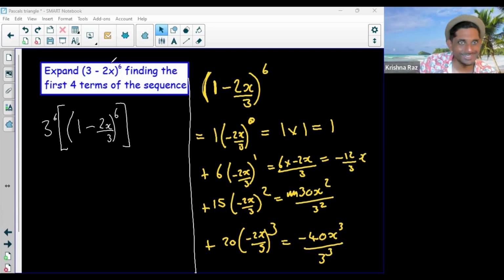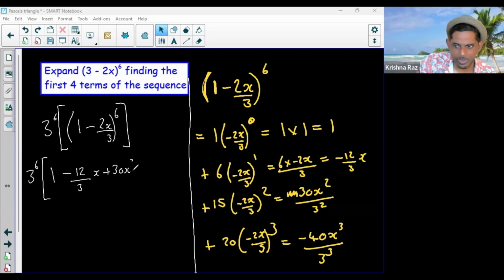So if I write that in, what we're going to have is 3 to the power of 6 times 1 minus 12 over 3 x plus 30x squared over 3 squared minus 40x cubed over 3 cubed. We only want the first 4 terms, so that will do.